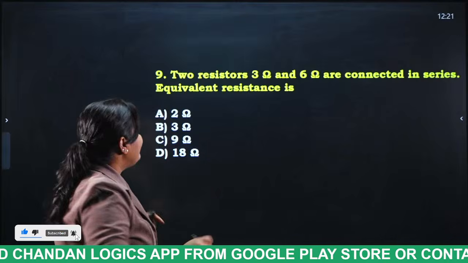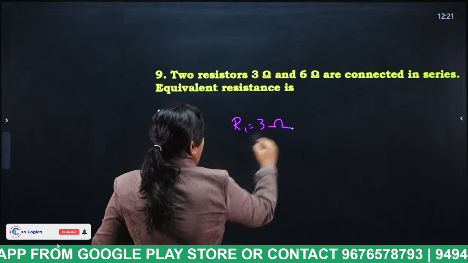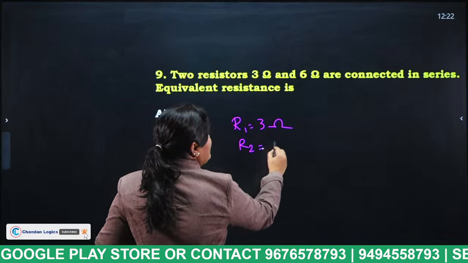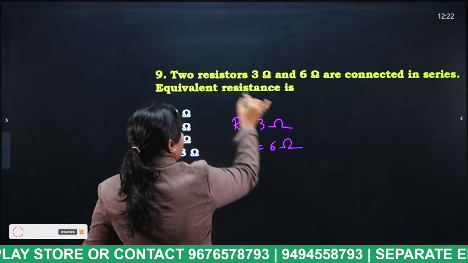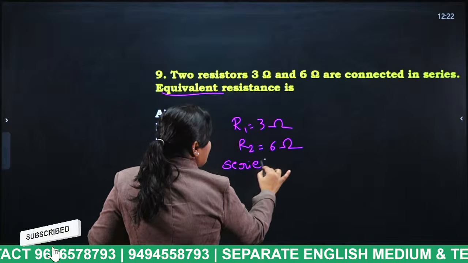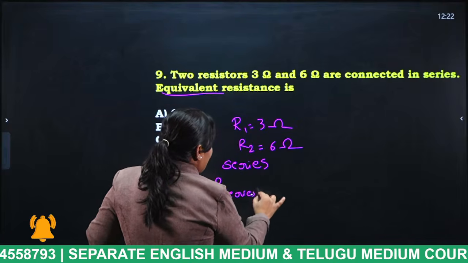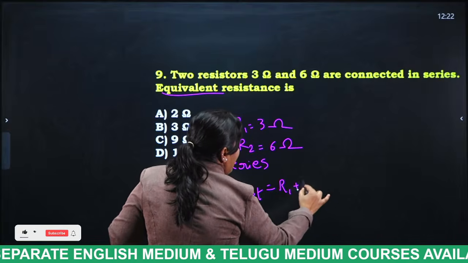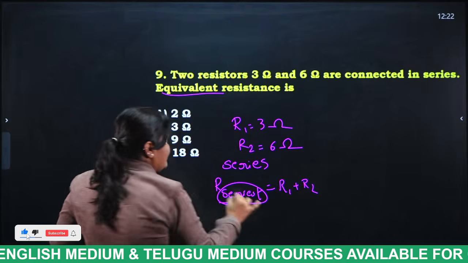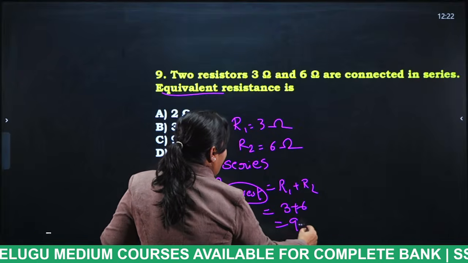So what are the given values here, students? R1 is equal to 3 ohms, R2 is equal to 6 ohms. And the connection here is series connection. The resultant equivalent resistance will be R1 plus R2 for the series connection. So what will you get, students? 3 plus 6, that is equal to 9 ohms.